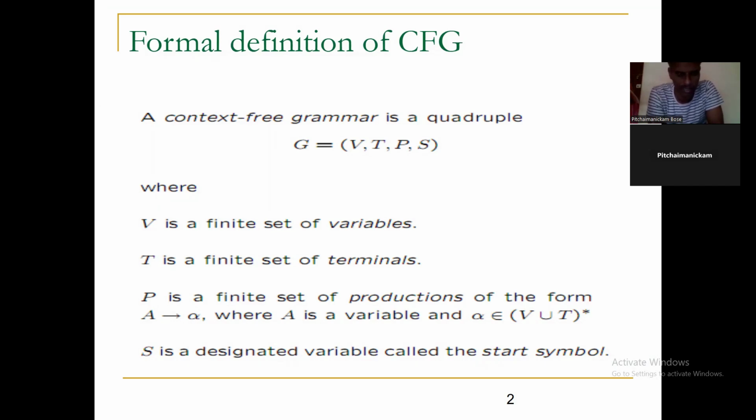Terminals are a finite set of terminals, which may be small letters A to Z, and P is the finite set of productions in the form A tends to alpha. What do we mean by alpha? A is a variable and alpha is a combination of variables and terminals. And S is the start symbol. You just note it down.